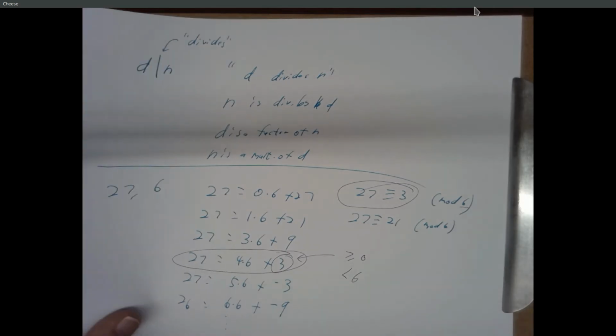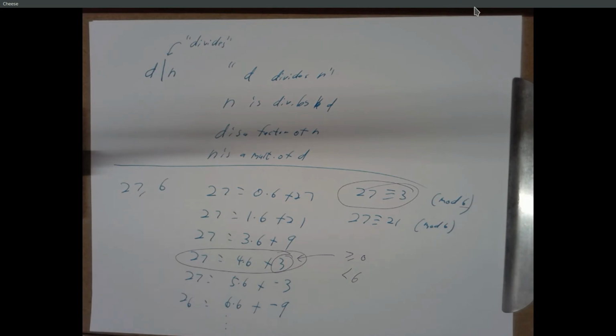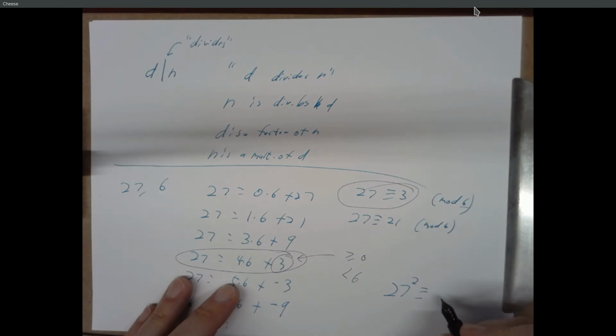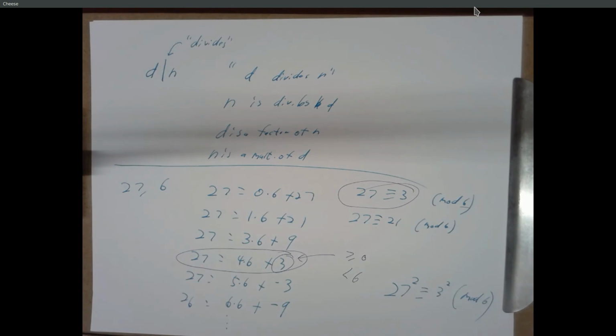So we have 27 squared would be congruent to 3 squared modulo 6. Why? Because 27 is congruent to 3. 27 plus 50 should be congruent to 3 plus 50 modulo 6. Why? Because 27 is congruent to 3.